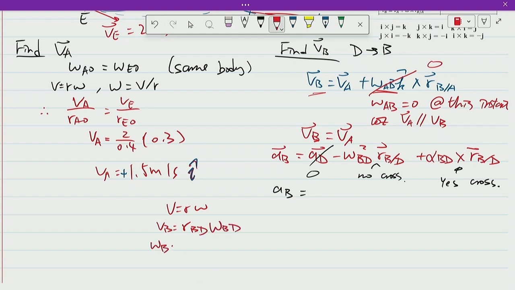That's going to give us omega BD of 8.33 radians per second. This is like the scalar approach. If you want to be accurate, you can write it out in a vector approach, but if we don't have to use cross product, then why bother with it?